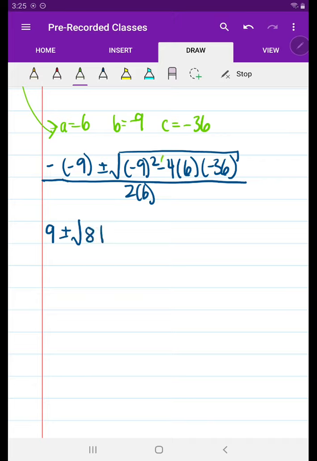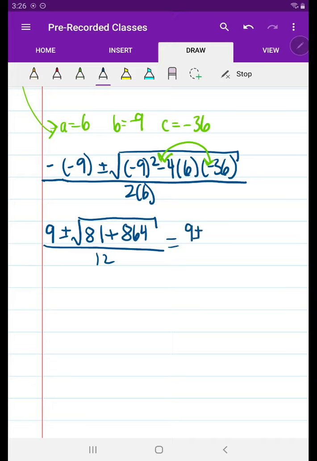And this double negative here is going to turn into a positive. And then 4 times 6 times 36 is going to be 864, all over 12. So we'll have 9 plus or minus the square root of 81 plus 864, so that'll be the square root of 945 all over 12.